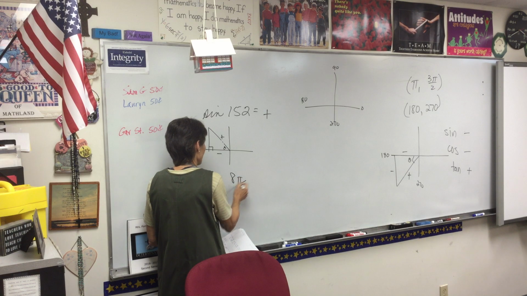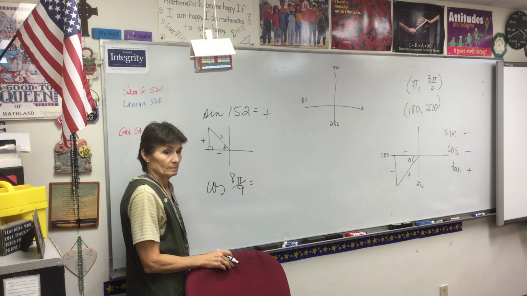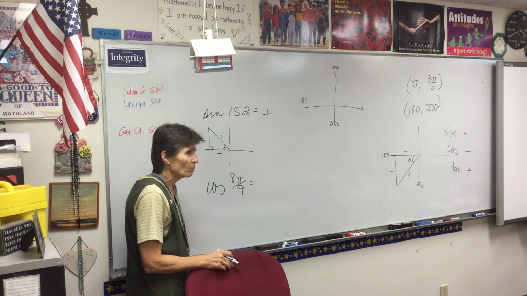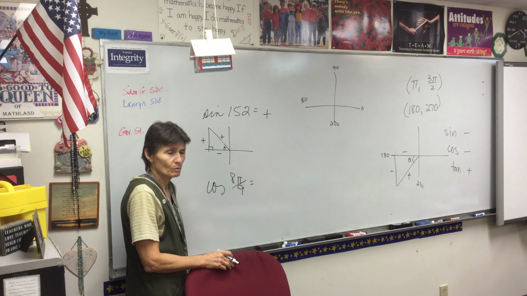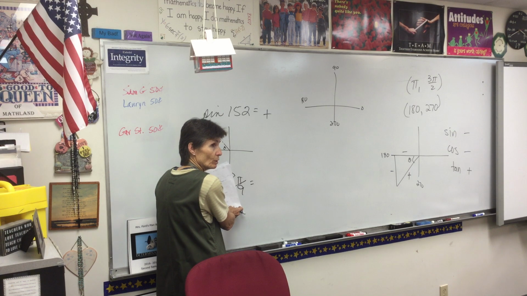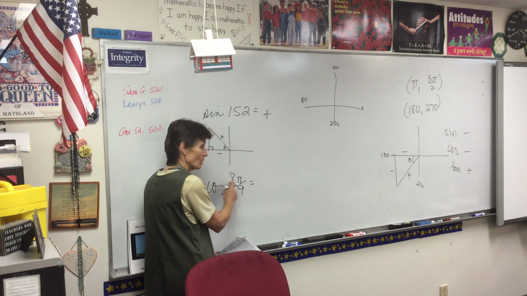Cosine 8 pi over 9. Well, it's going to be adjacent over hypotenuse, but I have to figure out where to put it, right? So what might I do? So 180 divided by 9 would be 20, and 20 times 8 is 160.